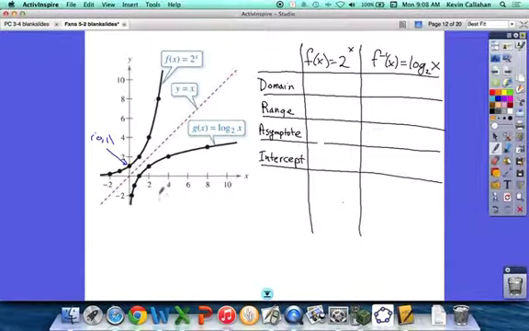Well, that means the logarithm has an x-intercept of 1, 0. Remember that the exponential had an asymptote on the x-axis, y equals 0. Well, that means that the logarithm has an asymptote on the y-axis, which is x equals 0.